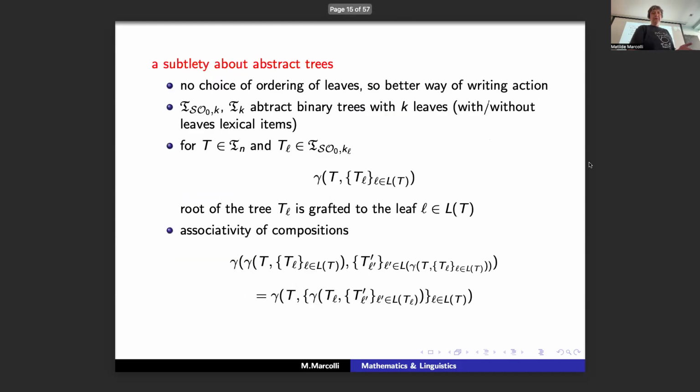So I have to keep track of that, in the sense that the set of leaves is well defined, and you assign a certain grafting procedure that decides the way in which you plug in where. Then you decompose the associativity to keep track of what you plug in where.